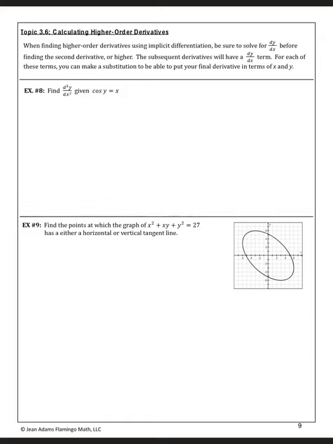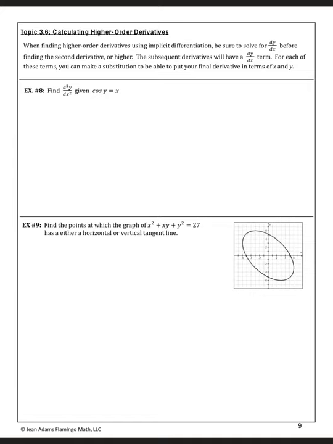So we can actually calculate higher order derivatives using implicit differentiation. There is a substitution process that will take place here, but we are going to be doing implicit differentiation. So find the second derivative given cosine y is equal to x.